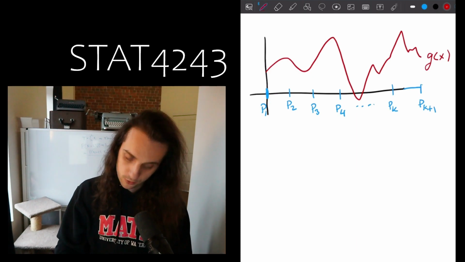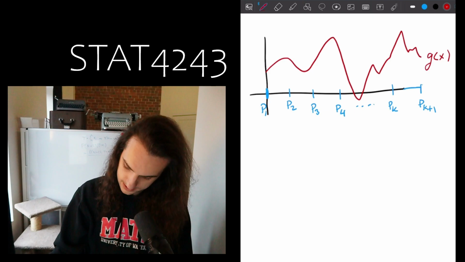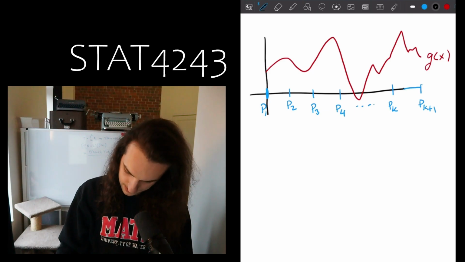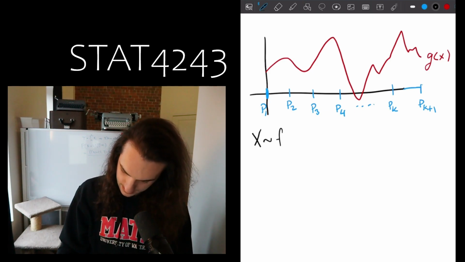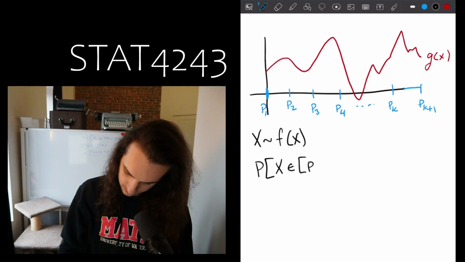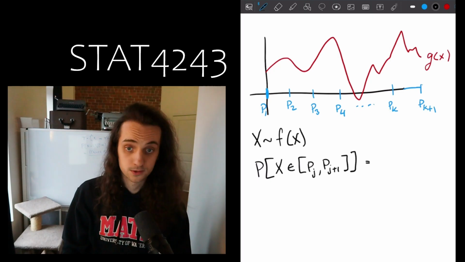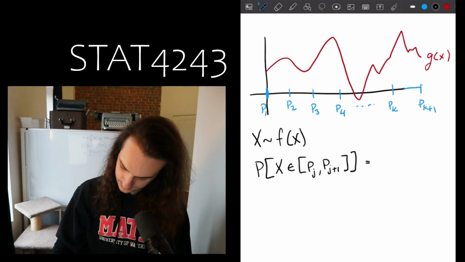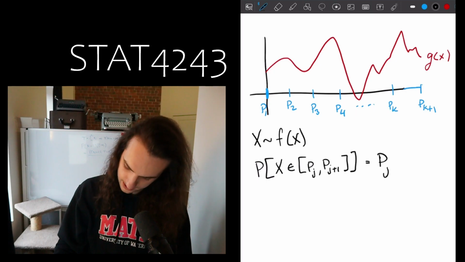Then if we're thinking about the density that we're actually sampling from, right, we have some x coming from f of x, and the probability that x is in the jth interval, so pj to pj plus 1, is going to be equal to just pj here.